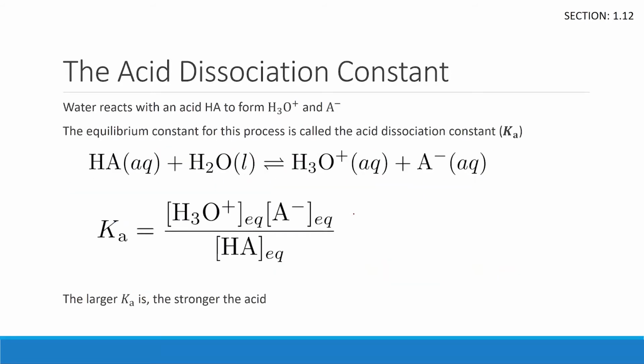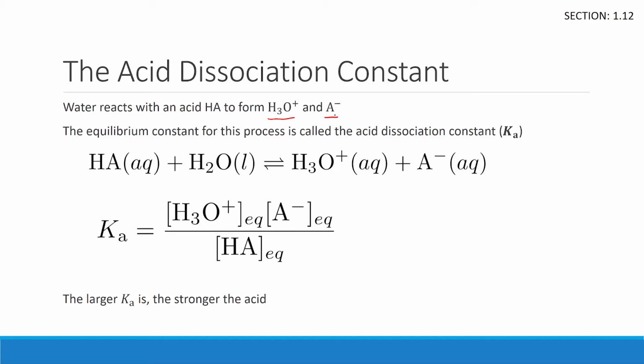So in the Bronsted-Lowry theory, we talk about the acid dissociation constant. This constant helps us talk about strength of acids. When water reacts with an acid, we know that it forms the H3O plus, and this is the conjugate base of the acid, A minus.